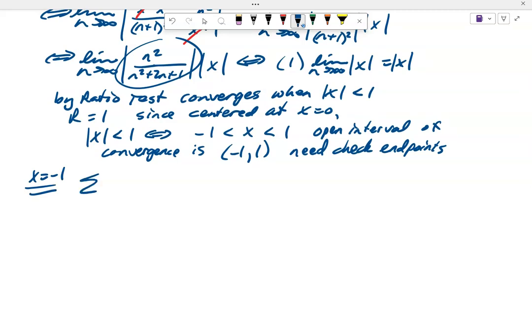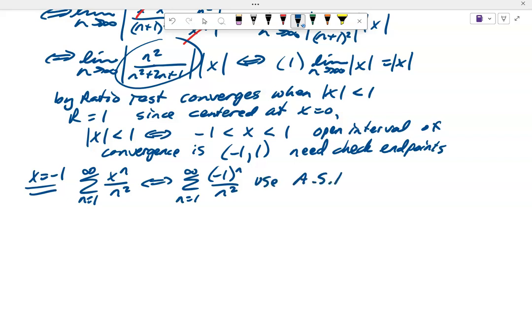So we've got, this was x to the n over n squared. We got -1 as our x. And so I'm going to use the alternating series test. So number 1, limit of the non-alternating part, does that equal 0?